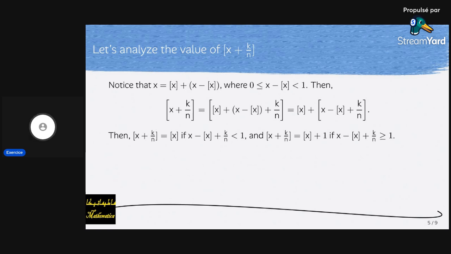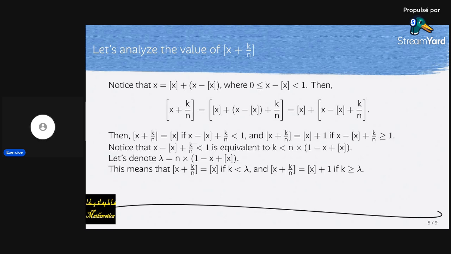If it's equal to 0, we get that the integer part of x plus k over n is equal to the integer part of x. And this will be true when x minus the integer part of x plus k over n is less than 1. And we get the integer part of x plus 1 if this value is greater than 1.